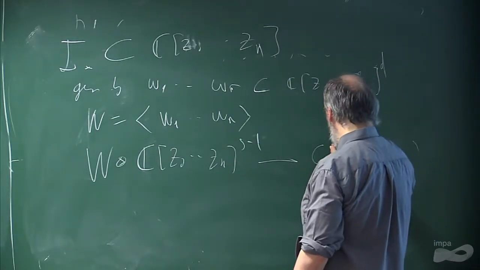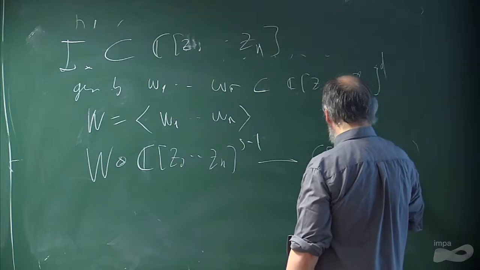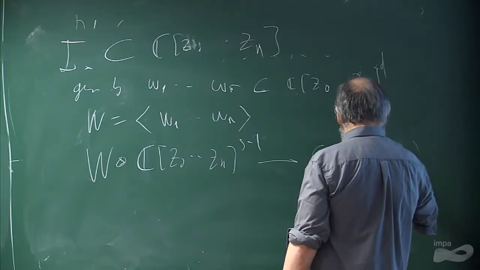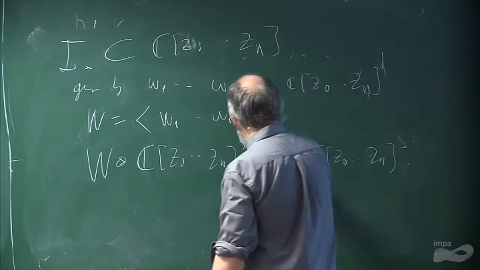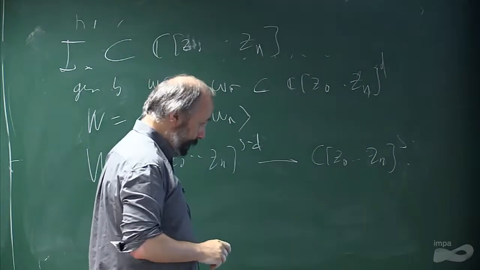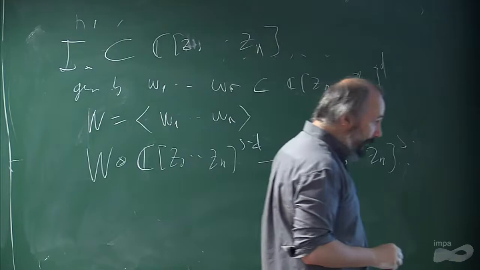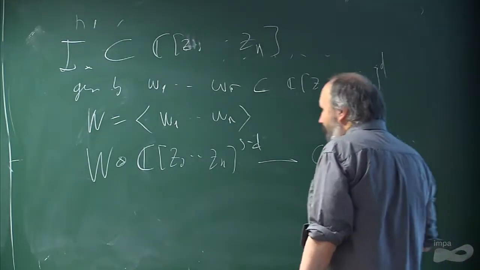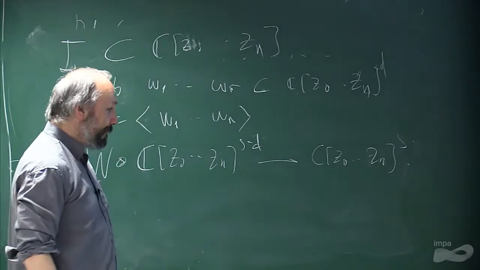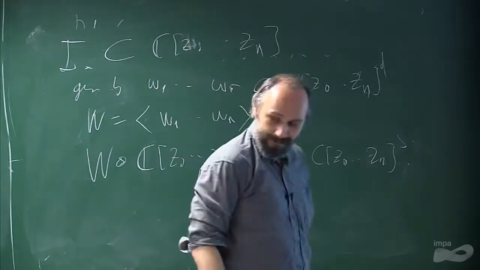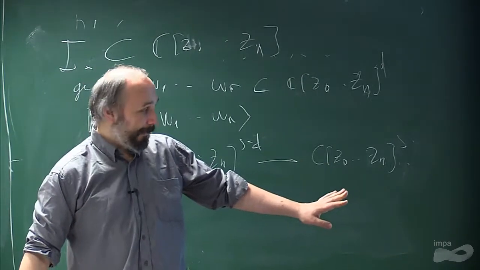This goes to C, Z1, Z0 through Zn to the power S. This is the Macaulay matrix, and its image is precisely the ideal. This is something which we had, right?